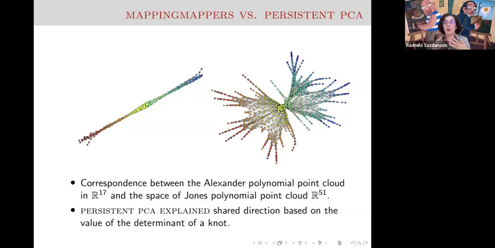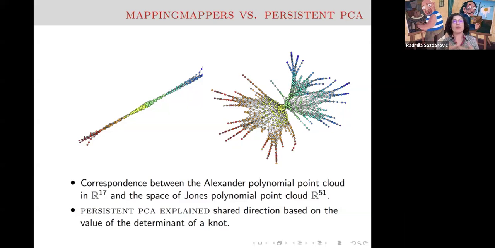But it's also very exciting because it gives us the explanation for the persistent PCA. First of all, notice that there's a similarity between the results that we obtained using PCA, where the Alexander polynomial was one-dimensional, and the Jones polynomial three or maybe four, slowly growing.